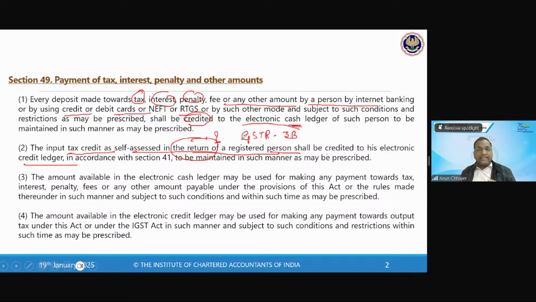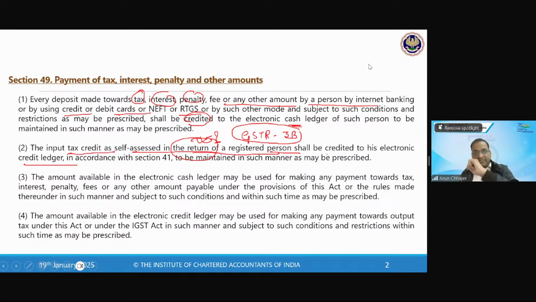For input tax credit which return needs to be furnished, that is GSTR 3B. GSTR 1 is the details of outward supply. So I have made the sales.